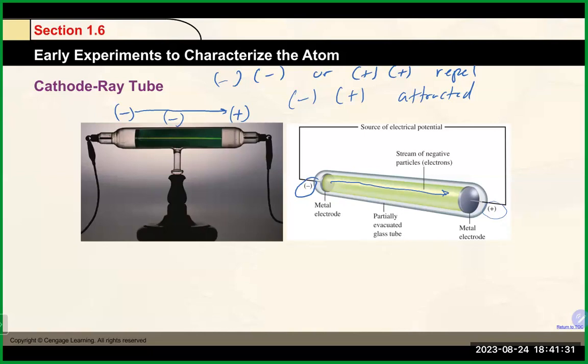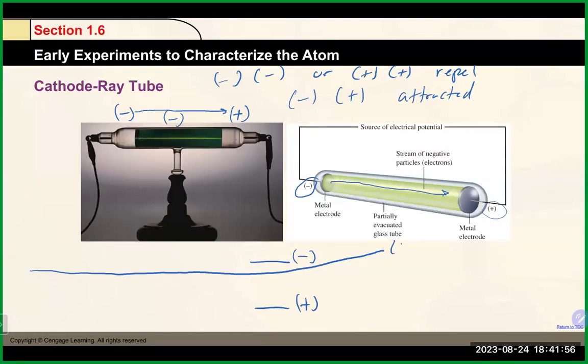So when we talk about particles in these types of experiments, if you had an electrical field, for example, with a negative plate and a positive plate, and I shot a particle through it and it started to bend upwards towards the negative plate, I would know that that particle has what type of charge?